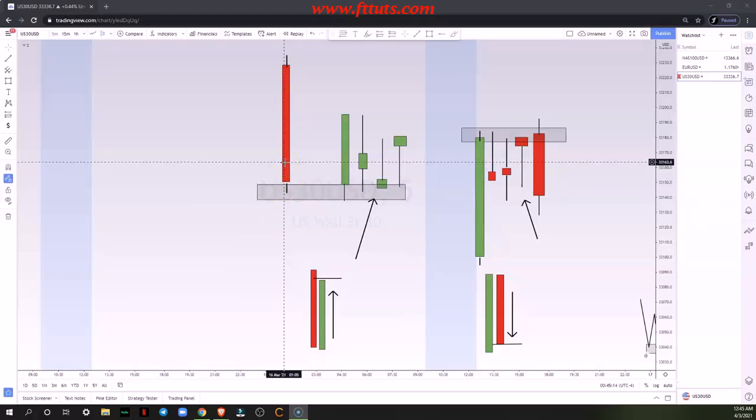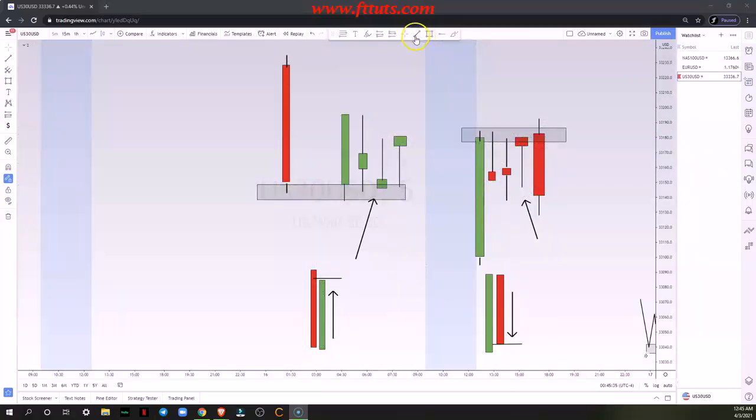Once we see this candle, we're going to take the next available candle to go back up. Now, what do I mean by the next available candle? What I mean is, whatever the next candle prints, we're going to take it. We're going to buy once it breaks the high of that candle.